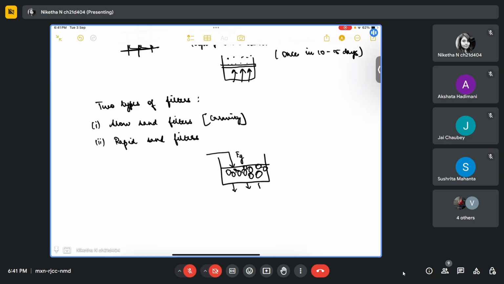The filtered water will be collected at the bottom. Whereas when you have rapid sand filters, the pores will be slightly big when compared to slow sand filters.